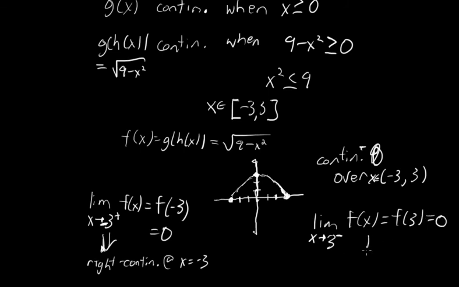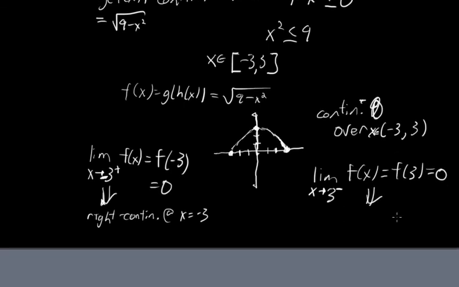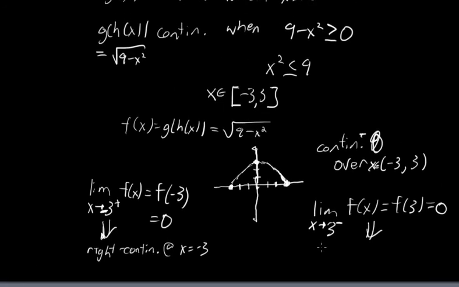This means that this function is left continuous at x equals +3. It's not going to be right continuous at x equals +3 because it's not defined for x greater than +3. So it's right continuous at the left endpoint, left continuous at the right endpoint, and continuous over the corresponding open interval.